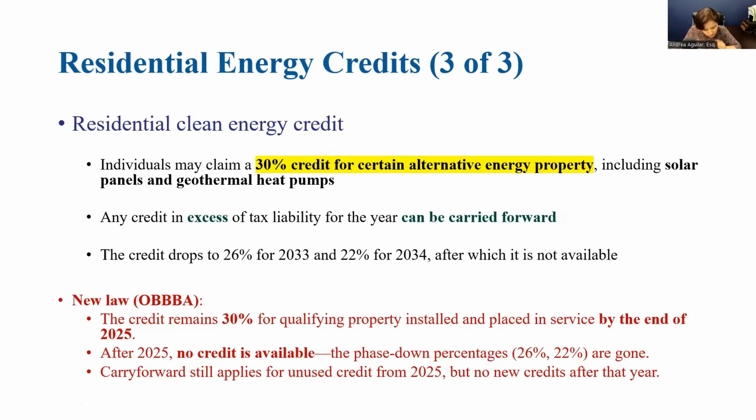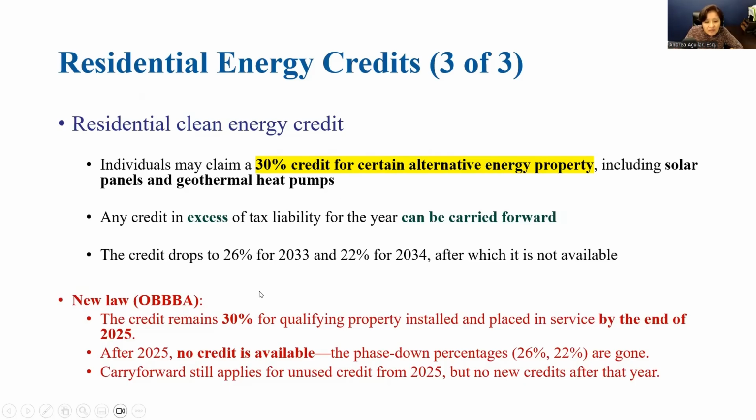Another important credit is the residential clean energy credit, and this is provided to individuals who may also claim 30% credit for certain alternative energy property, including solar panels and heat pumps that they have installed in their principal home. Any credit in excess of tax liability for the year can be carried forward. But that has changed because of OBBBA.